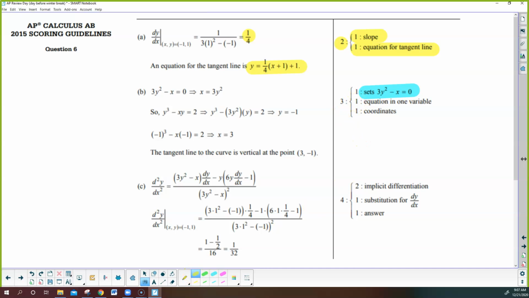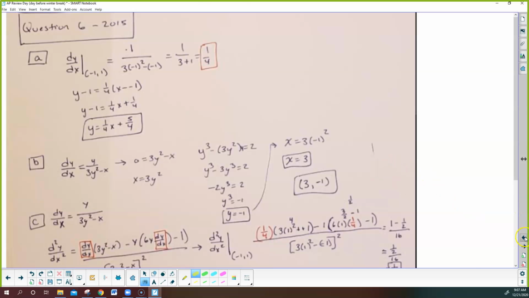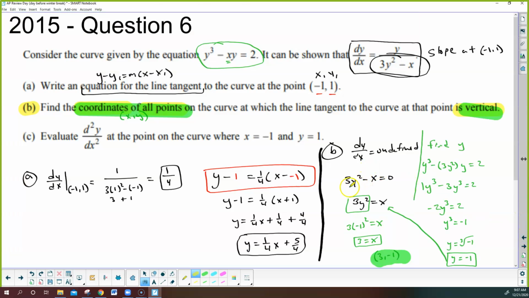So if you had a spot where, I'll show you that right here, this spot right here where you used this answer and plugged it back in, you got 1 point for just using the y back in the original problem. And then your final answer was just solving for y, solving for x. So that's how you got the 3 points.